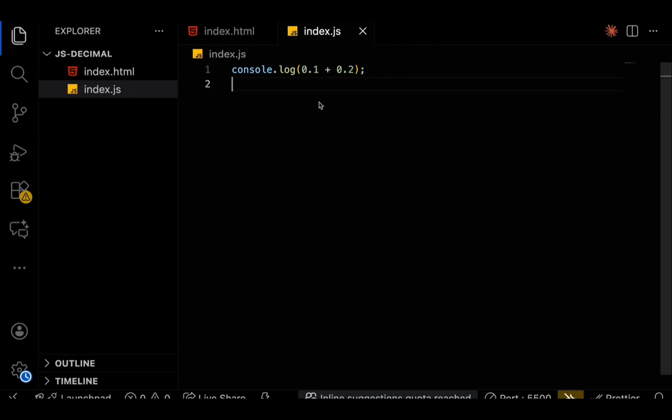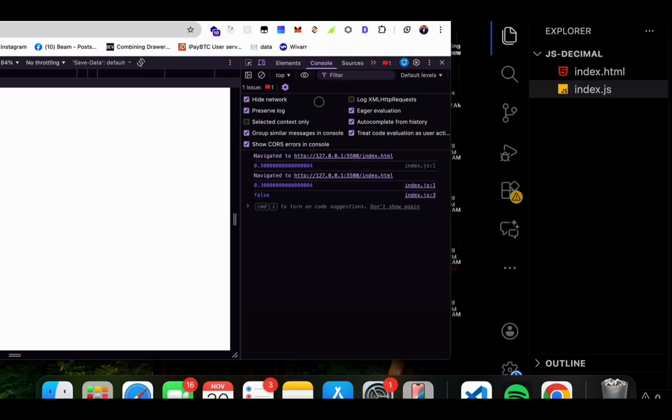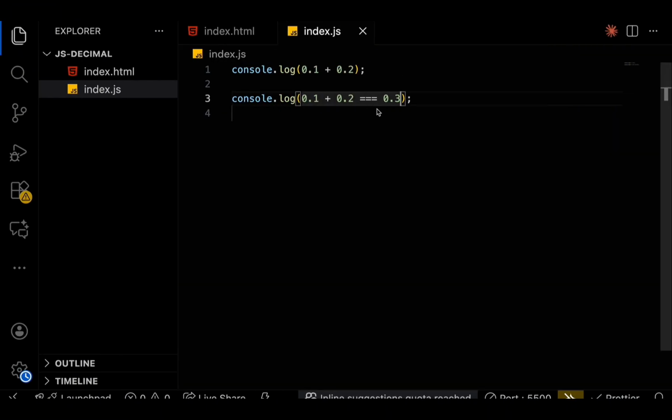So when we try to console log again, 0.1 + 0.2 equal to 0.3, you see that this is going to give us false. And I believe you already know why this gives us false, even though technically this is supposed to evaluate to true.